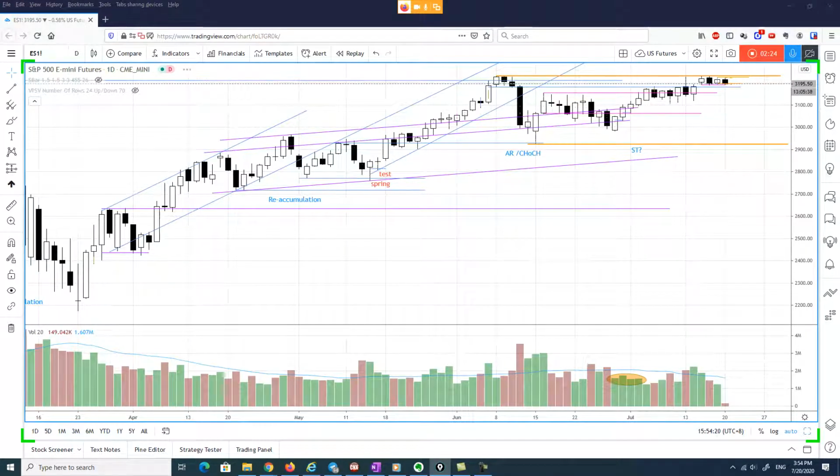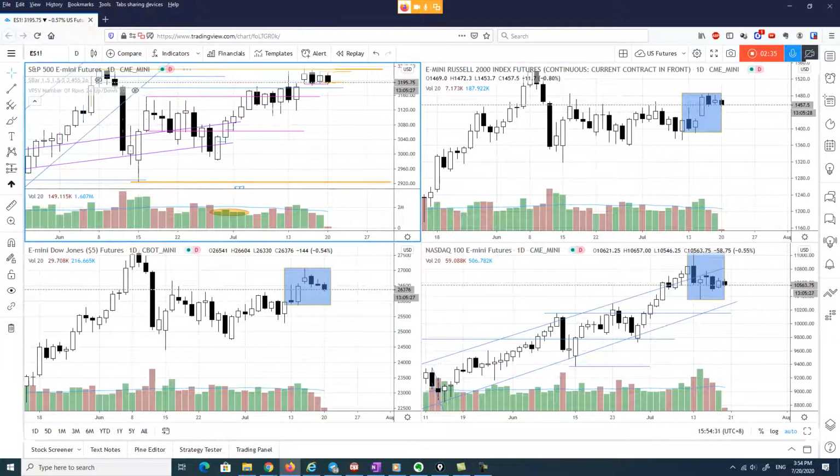Just before I dive into the H1 time frame and the trade review, let me zoom out here and take a look at the rest of the market as well, because I think last week was very interesting. We have seen a sharp reversal with a key reversal bar in the NASDAQ, and we talked about a potential sell-off in the NASDAQ because of the overbought scenario, together with this kind of climactic run.